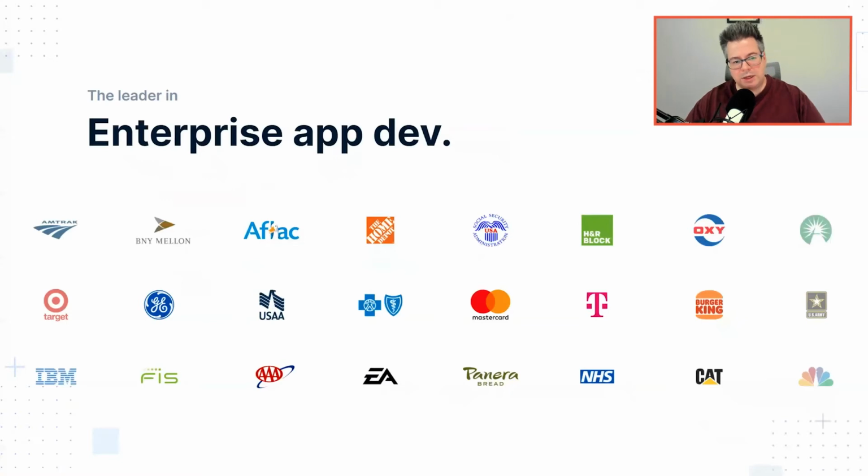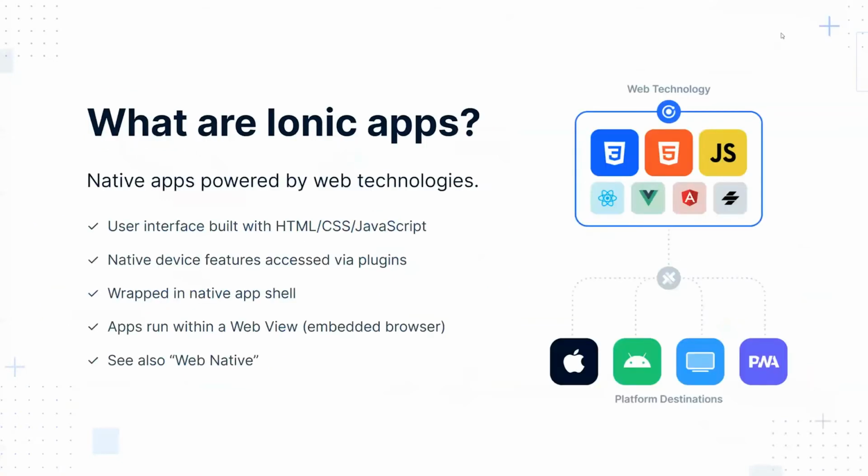So let's take a look quickly at what Ionic apps actually are, what they're made up of. And the best way to think about this is that they are native apps powered by web technologies. So what we do is we're still building native applications, but under the hood, they look a little different than your traditional native apps on iOS and Android.